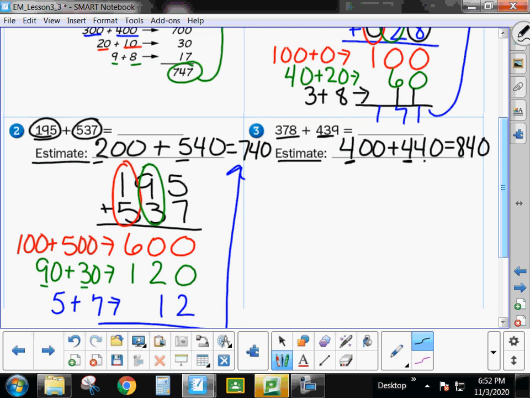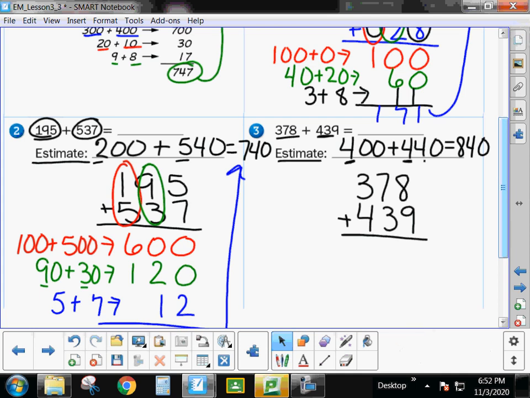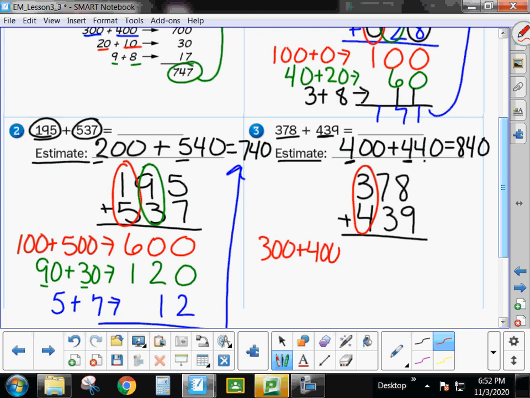All right, now you should have written your number out just like that. All right, now let's go ahead and add up our place values. So I've got my 300 plus my 400, which gives me 700. I've got my 70 plus my 30. When I add 7 plus 3, that's 10 with a 0 on the end. That's 100, right?